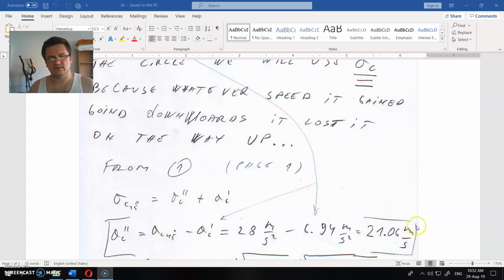This is the constant part of the centripetal acceleration that exists everywhere. And on the top and the bottom, this is the only thing that exists. Okay, and now you use this acceleration as the centripetal acceleration when the bob is at the top, and then you easily calculate the speed of the bob at the top.